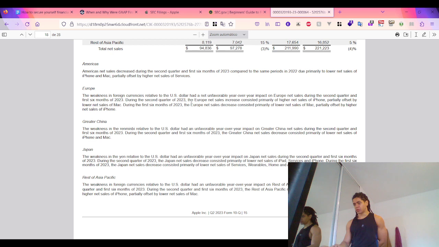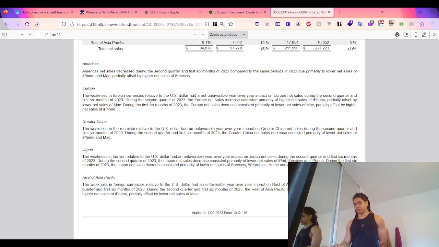During the second quarter of 2023, the Europe net sales increase consisted primarily of higher net sales of iPhone, partially offset by lower net sales of Mac. During the first 6 months of 2023, the Europe net sales decrease consisted primarily of lower net sales of Mac, partially offset by higher net sales of iPhone.